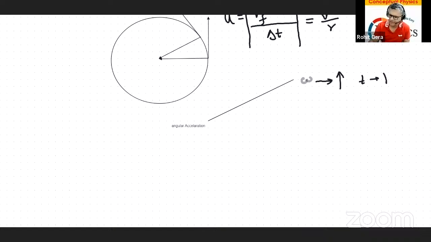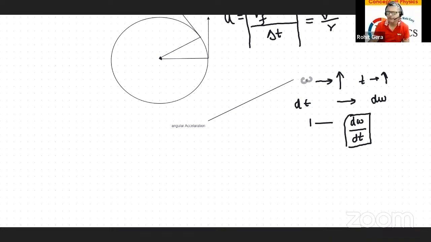So which means in dt time, the change in omega, which is your angular velocity, which was constant throughout, now that velocity is increasing, which means the particle is moving with a faster angular velocity. Okay, so this quantity, the rate of change of angular velocity.